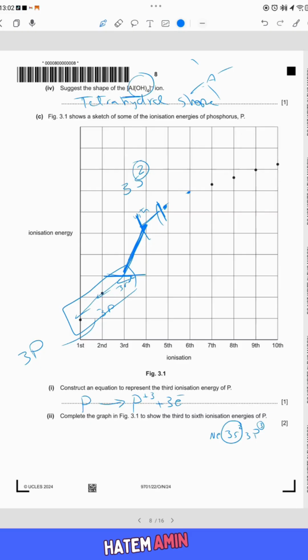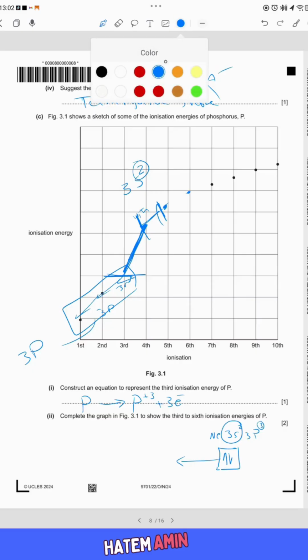To lose 1 electron from these 2 electrons, which are already filled, the subshell is more stable. So losing 1 electron from here is very strongly bound to the nucleus and needs more energy, so we find a significant increase in the ionization energy. That's it.